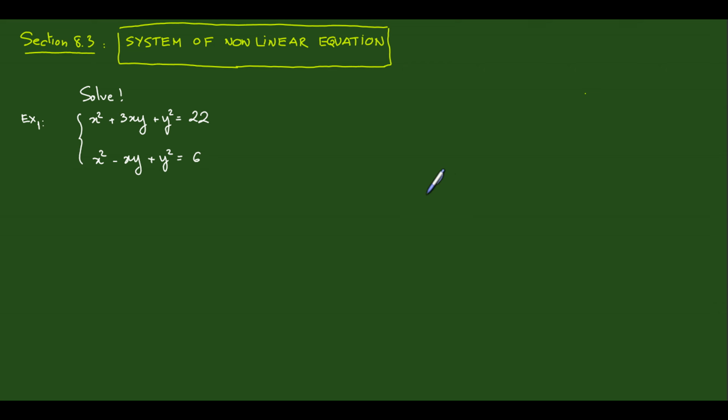So how are we going to do this? Let's try to use the traditional method, substitution and elimination. You can recognize that the first equation contains x squared and y squared, and the second equation also contains x squared and y squared. So if I subtract the second equation from the first equation, I take this minus this.